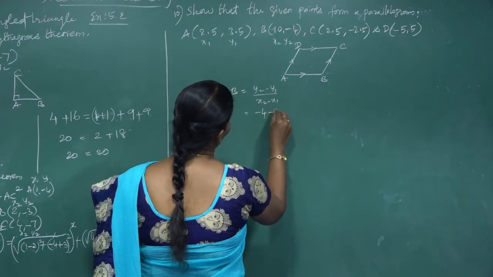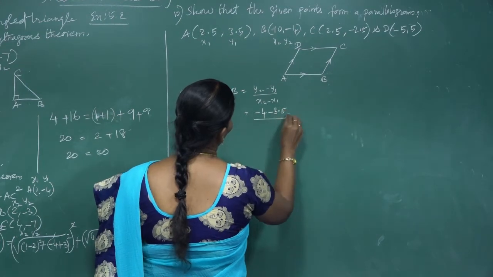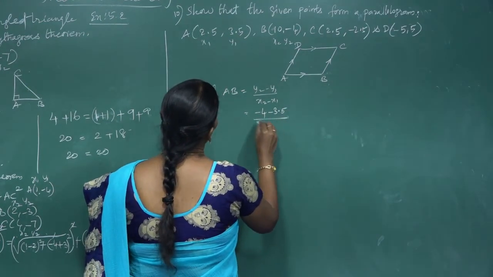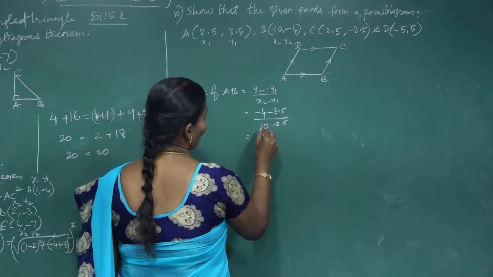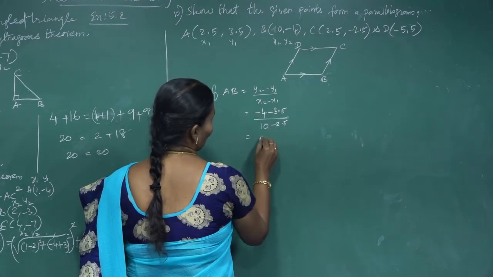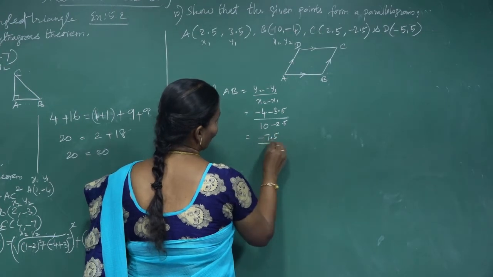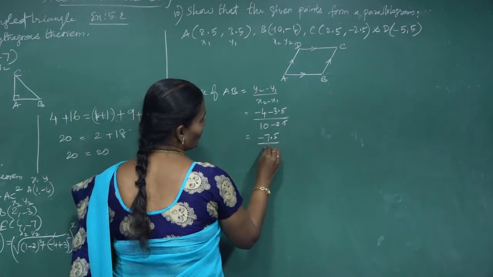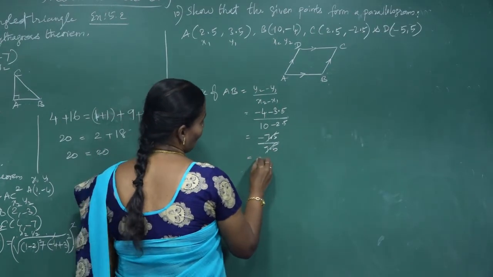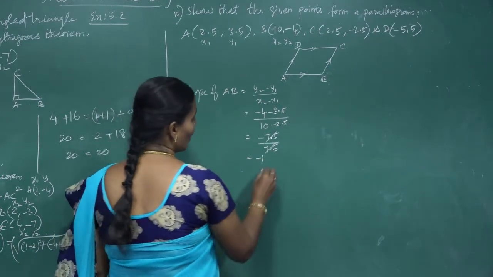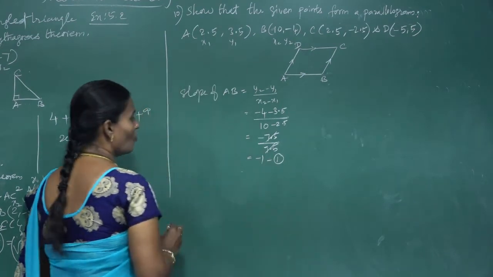Am I correct, children? Minus 3.5. x2 is 10 and x1 is 2.5. Now see here, minus 4 minus 3.5 means minus 7.5. 10 minus 2.5 is also 7.5. So you cancel this 7.5, 7.5, we get minus 1. So you consider this equation number 1.